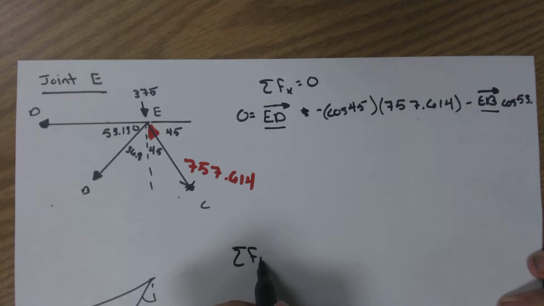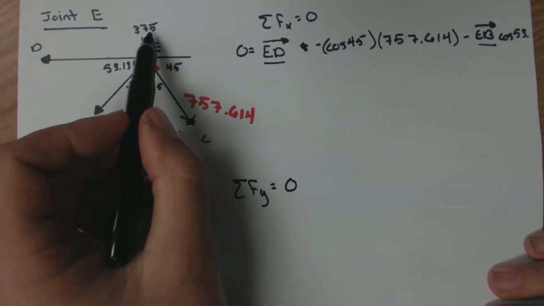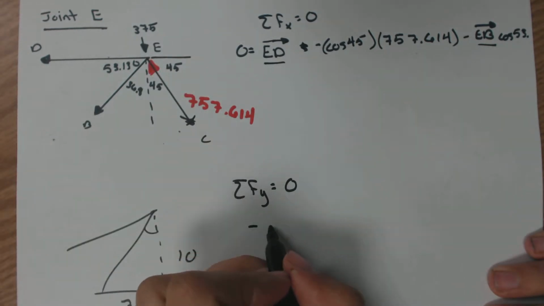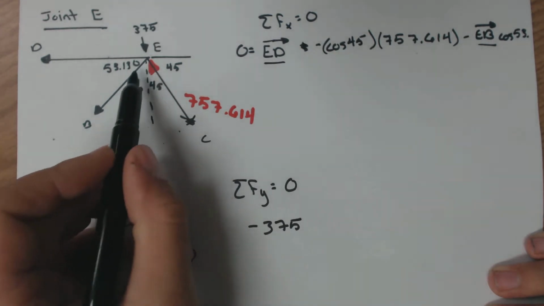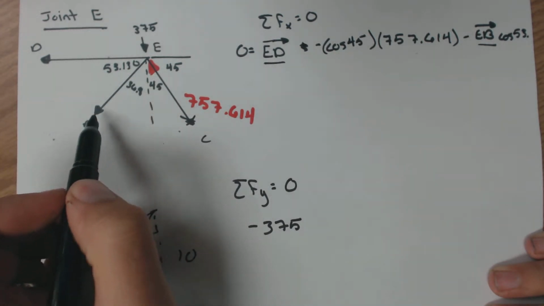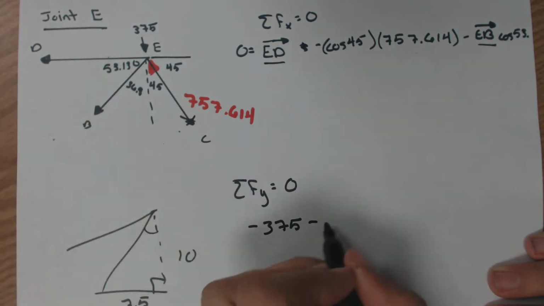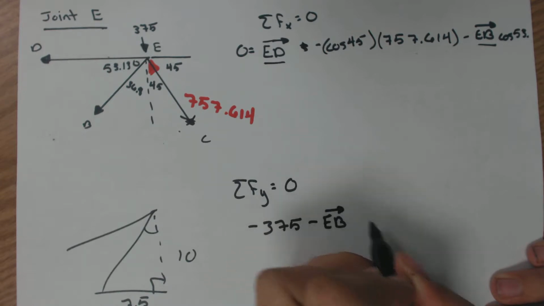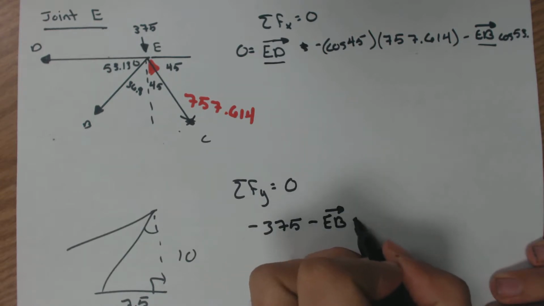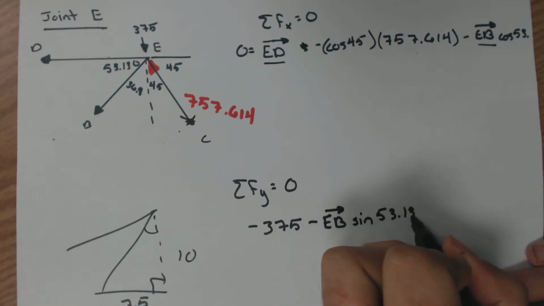The sum of my forces in my y-axis must also equal 0. I have the 375 coming straight down, so it's going to be a minus 375. This piece is going to have a y component, and it's going to be negative because I'm assuming it's going down. The EB vector, and this time sine of 53.130.